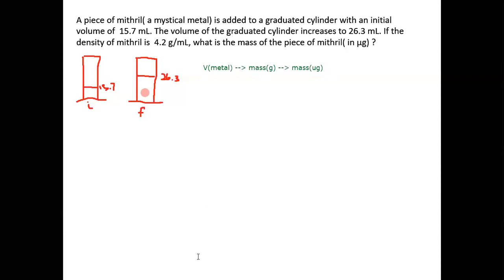So what conversion factors do we need? Well, since the density is 4.2 grams per milliliter, we can write it as 4.2 grams equals 1 milliliter. And then we need to know how many grams in a microgram. So 1 microgram is 10 to the negative 6 grams. Now we can determine the volume of the metal.